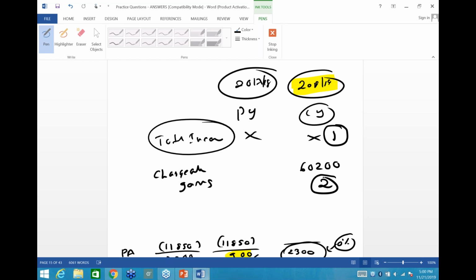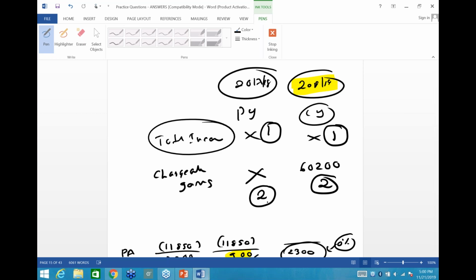Assume you want to set off your trading loss against the previous year chargeable gain. Then first you must set off your trading loss against the total income of the previous year. Then only you can reach or touch the chargeable gain of the previous year.